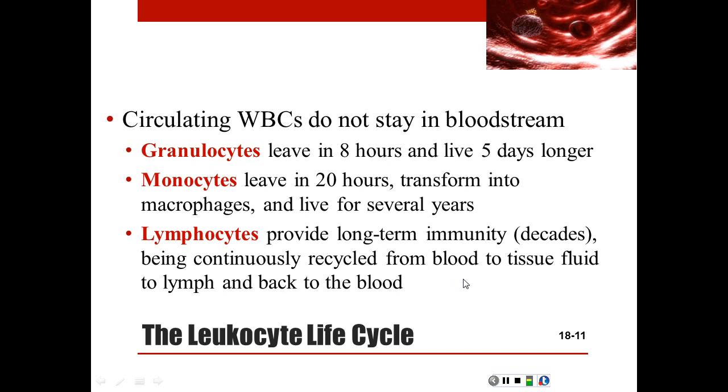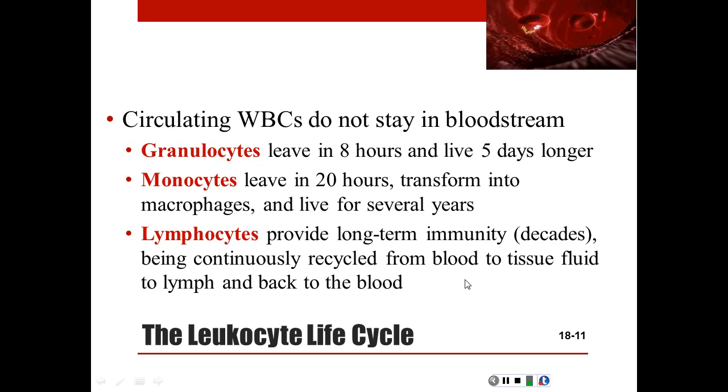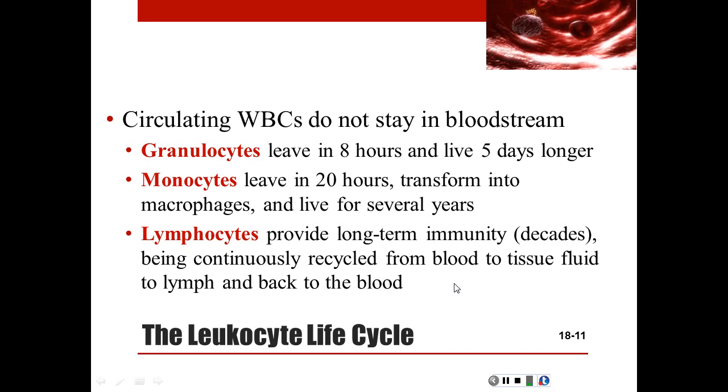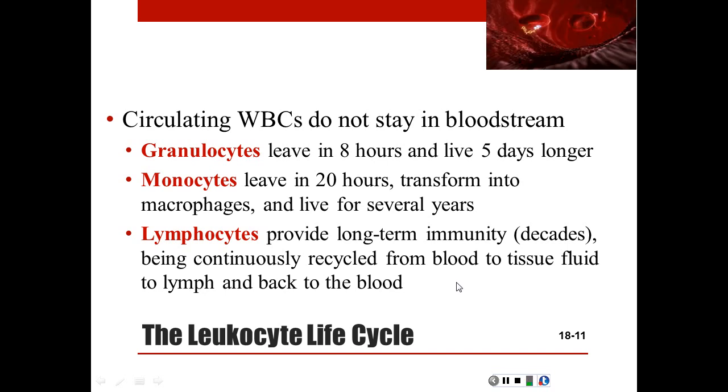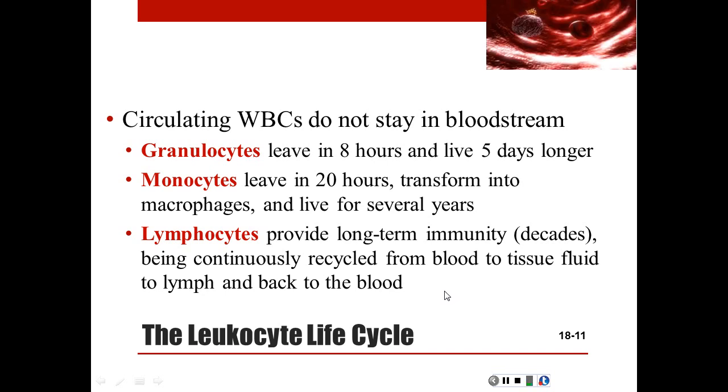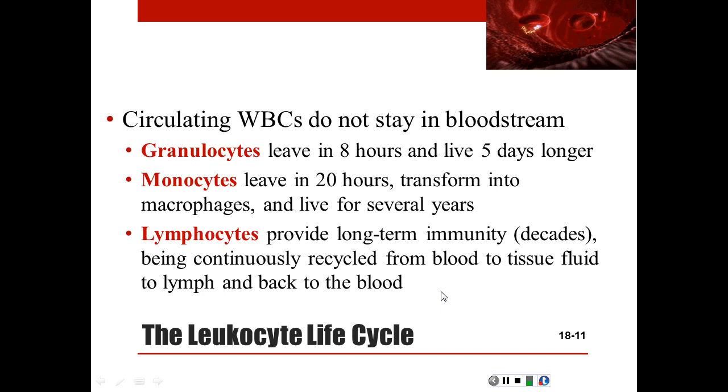Lymphocytes survive from a few weeks to decades. They leave the bloodstream for tissues and eventually enter the lymphatic system, which takes them back to the bloodstream. Now, when lymphocytes die, they are generally phagocytized and digested by the macrophages.